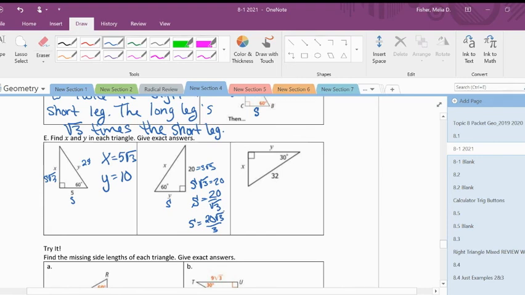And I need to double that to get x. So this is y. This side length right here is going to be 20 square root 3 over 3. And that means that x is double that, so 2 times that would be 40 square root 3 over 3.